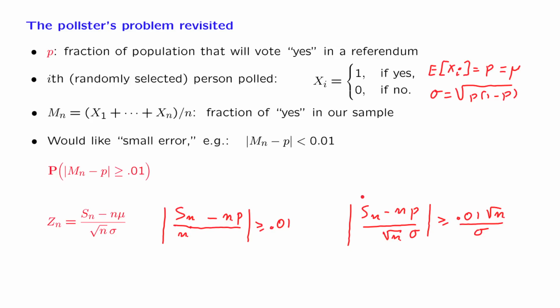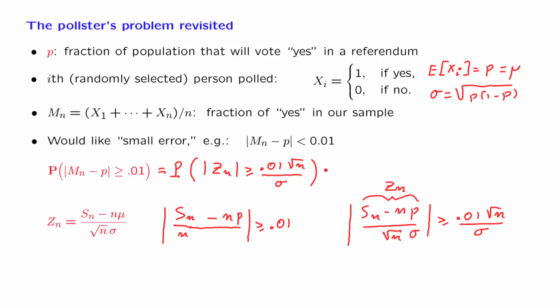But now we notice that here we do have the random variable Zn that we wanted, and so we managed to express this event in terms of Zn. In particular, this probability is the same as the probability that the absolute value of Zn is larger than or equal to 0.01 square root of n divided by sigma.